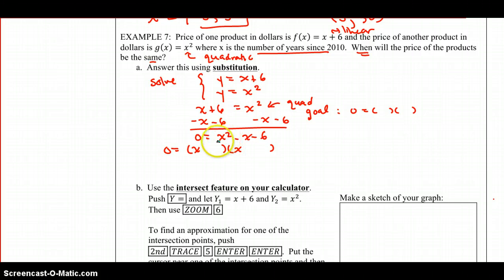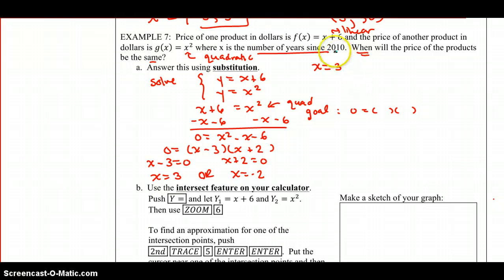X times x will give us x squared, and negative 3 times positive 2 not only gives us negative 6, but also gives us the right coefficient on our middle term. So now either x minus 3 equals 0 or x plus 2 equals 0. So x equals 3 or x equals negative 2. Now, the context of the problem: we get the units back on there.